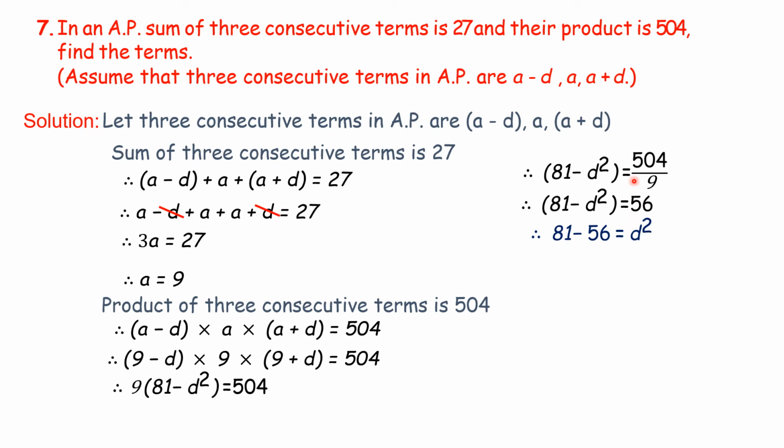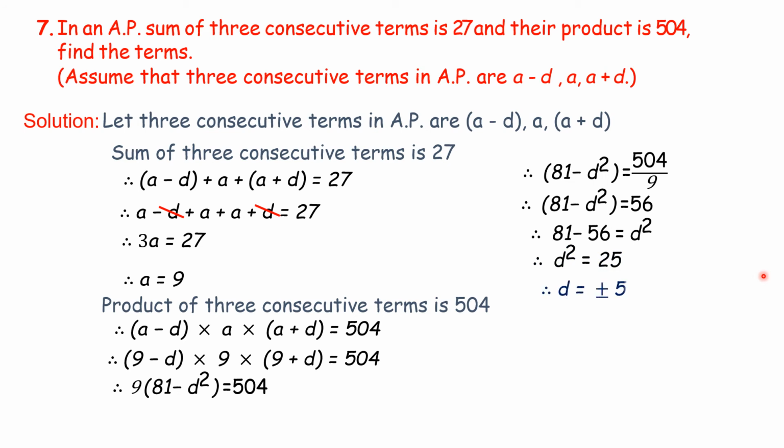This 56 we bring to the left hand side, and at the same time this minus d square we bring to the right hand side, so it becomes plus d square. 81 minus 56, therefore d square is equal to 25.